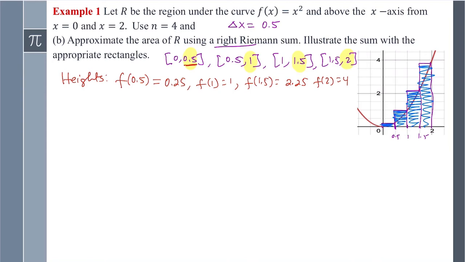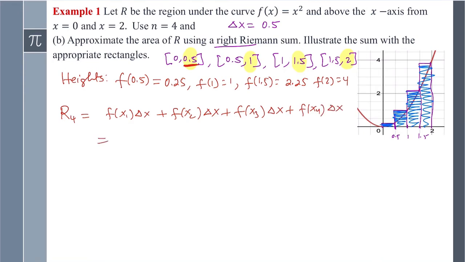Now the area, or the right Riemann sum, which is represented as R sub 4, is given by f of x1 times delta x, because f of x1 is the height of the first rectangle, then f of x2 times delta x, f of x3 times delta x, plus f of x4 times delta x.